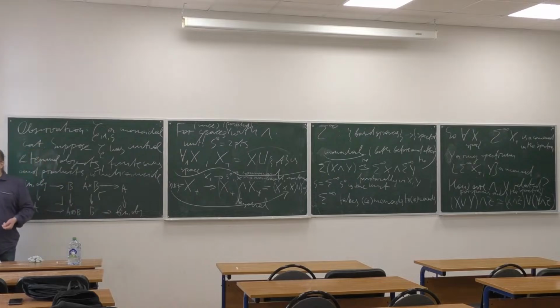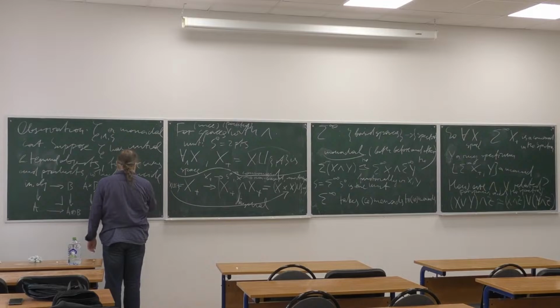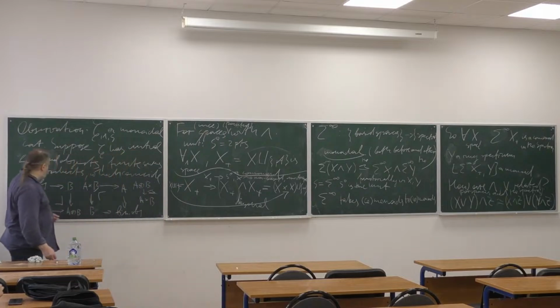What does it mean exactly that they are the same? Is there a map from the sum to the product, or from the product to the sum? Yes. So there's a map from A plus B to A cross B. How do we construct it?